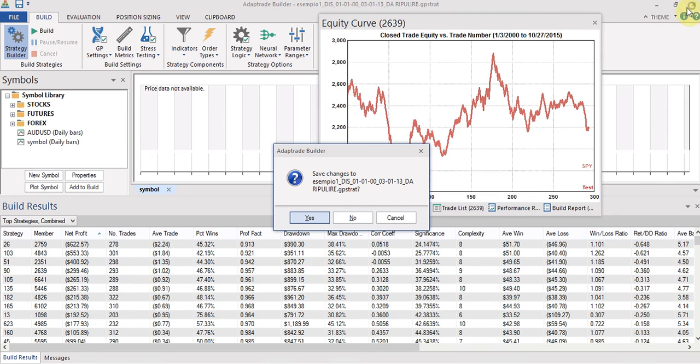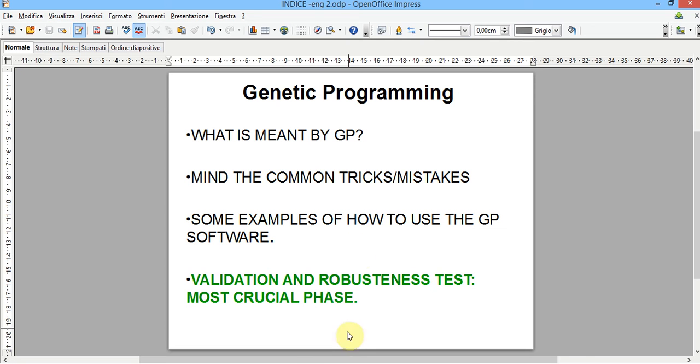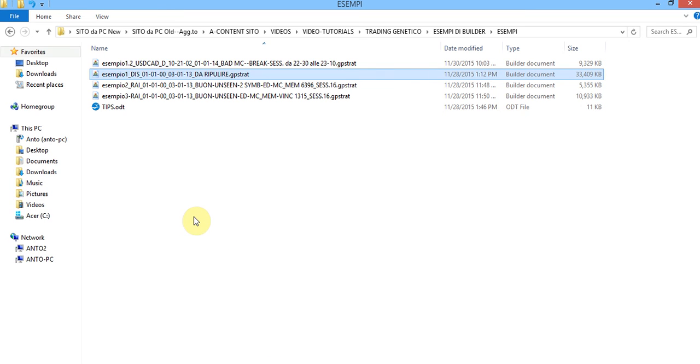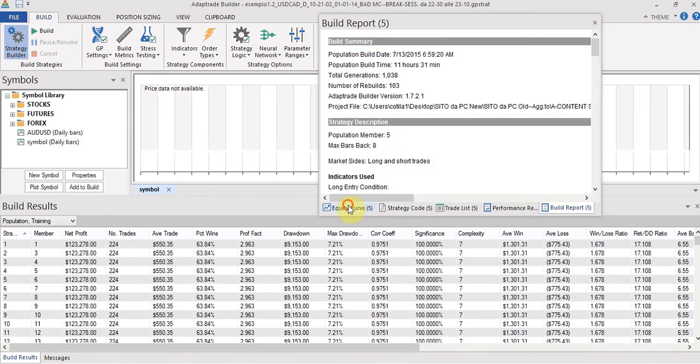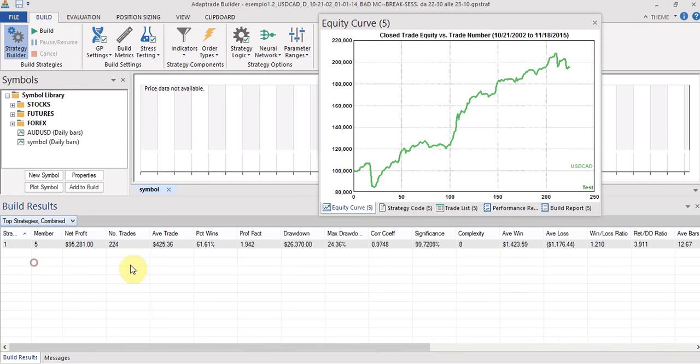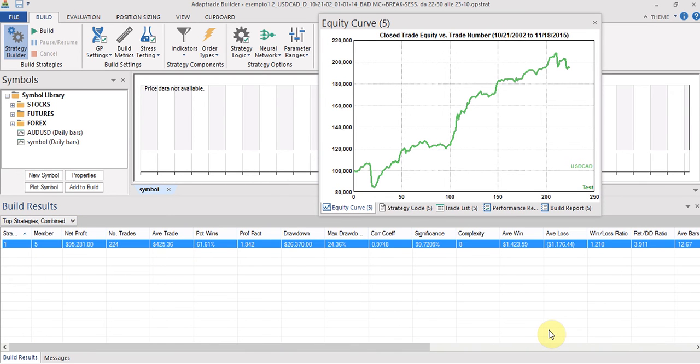After that, the validation phase is not over. There are other important tests that you need to think about. For example, let's move to this new Builder file for USD CAD. Equity is not spectacular, but another important test which is available in Builder is the Monte Carlo stress test, which is very important from my point of view.